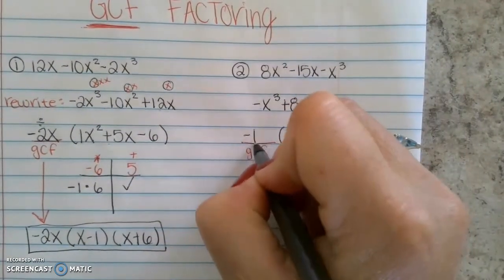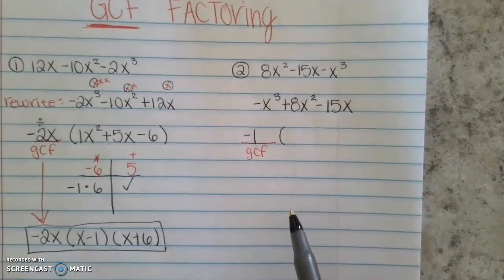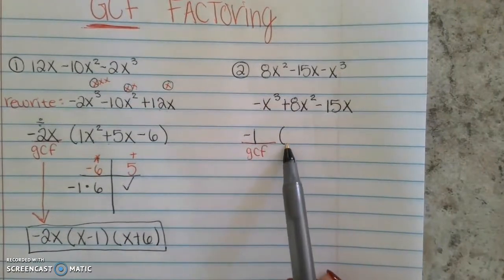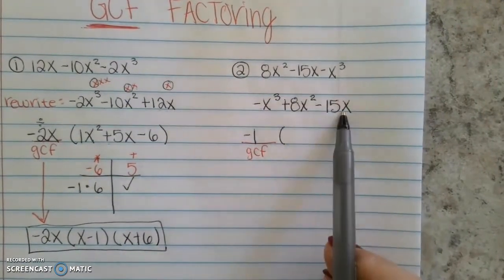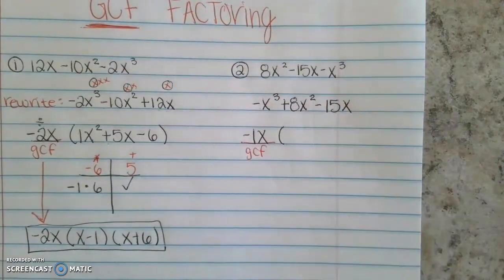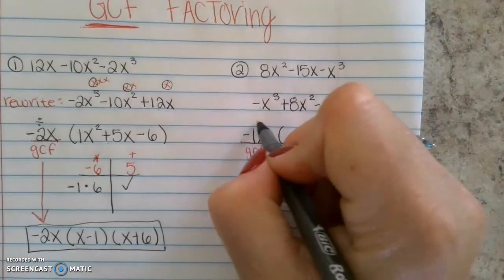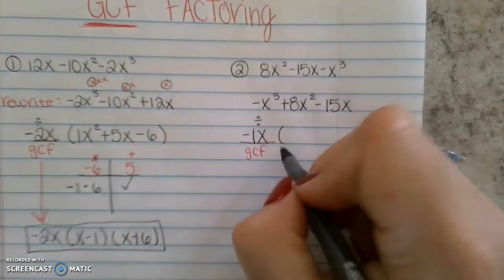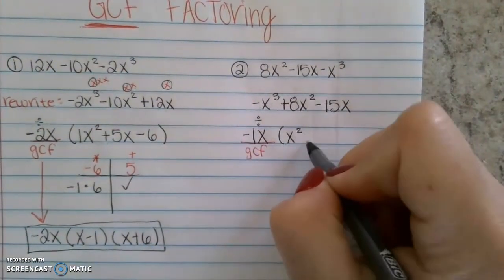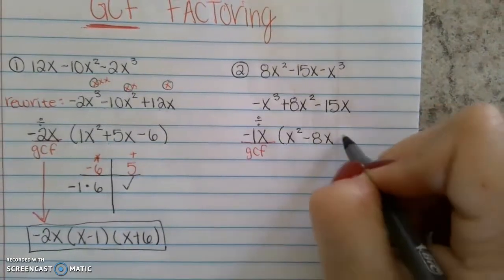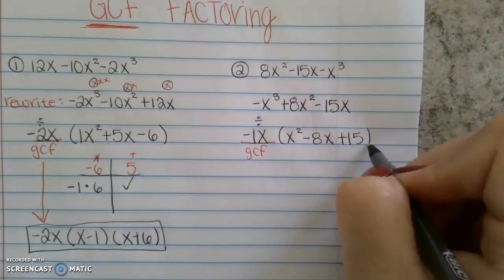So I actually need to take out a -1 here as a GCF, because then that will turn this to the positive. Taking a look at my x's, they all share 1. So I'm going to go ahead and bring that out front. And then when we divide this out, we're going to get x squared minus 8x plus 15.